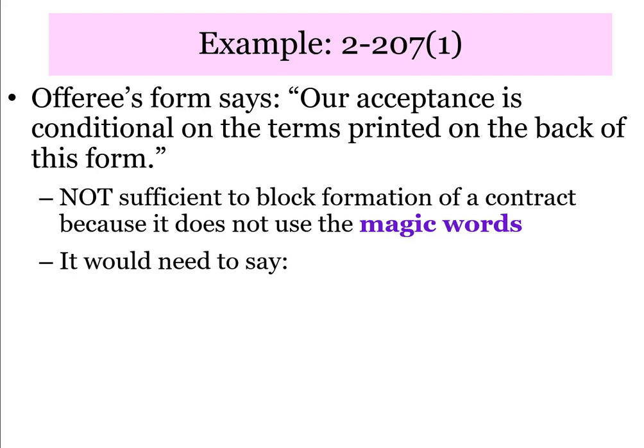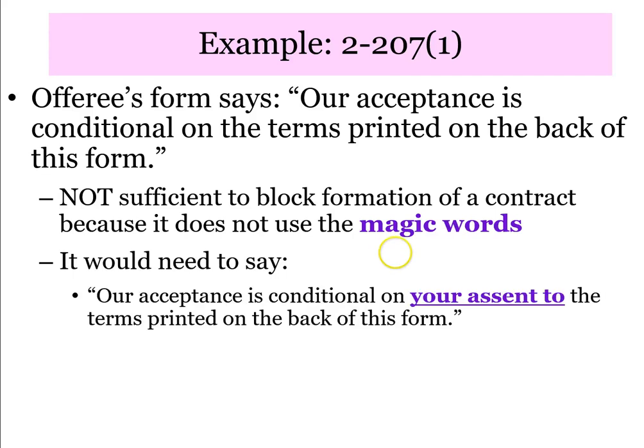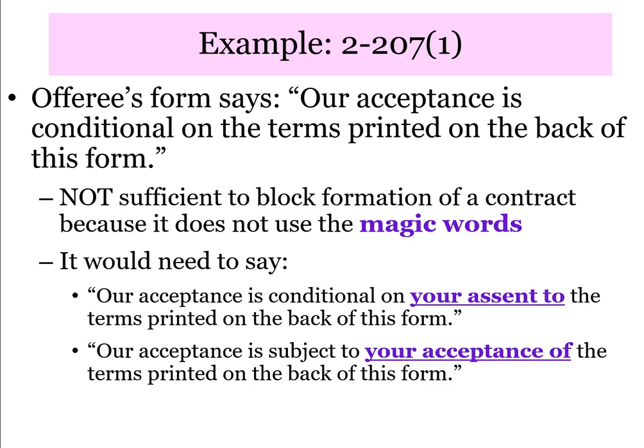Instead, the form would have to say, "Our acceptance is conditional on your assent to the terms printed on the back of this form," or "Our acceptance is subject to your acceptance of the terms printed on the back of this form."